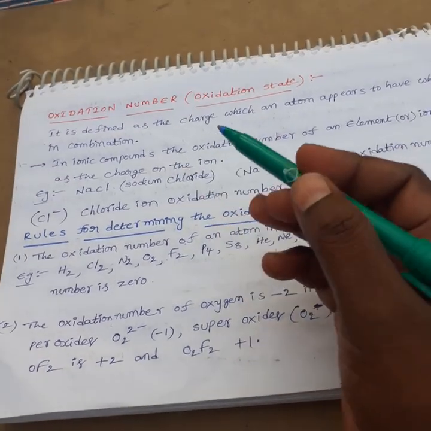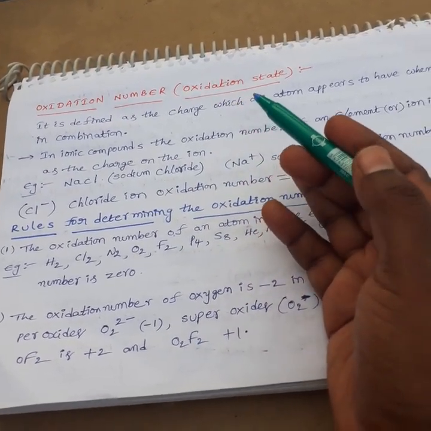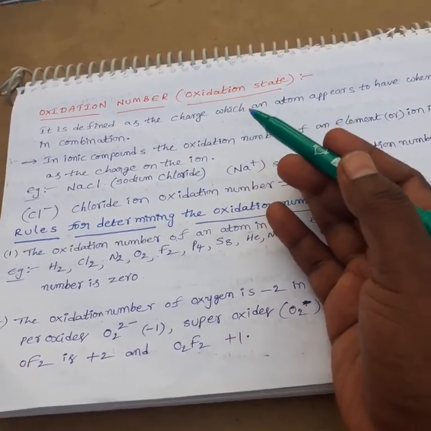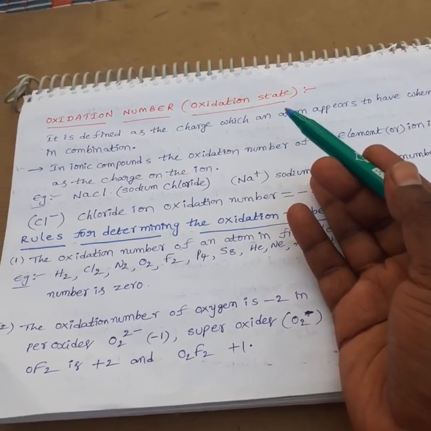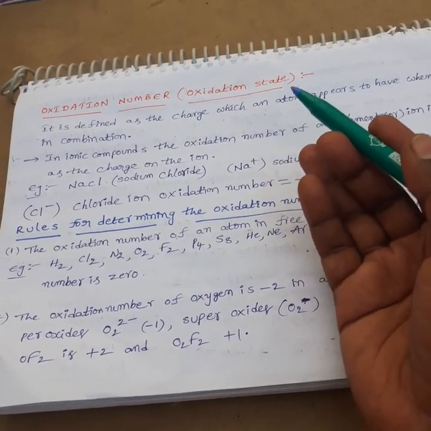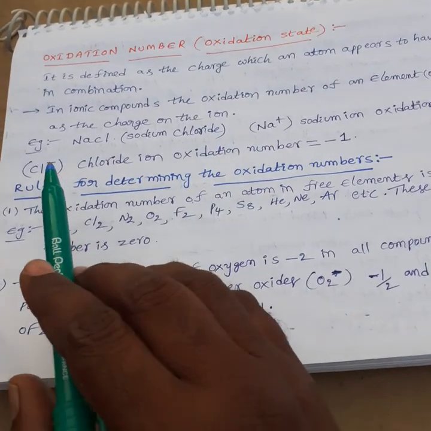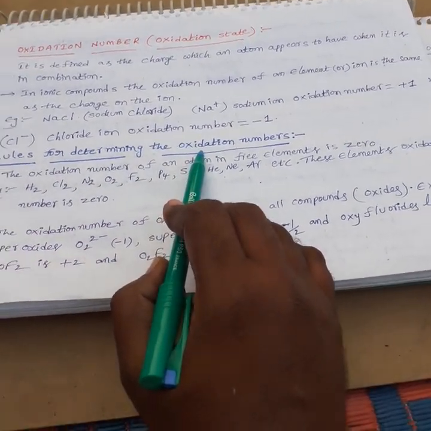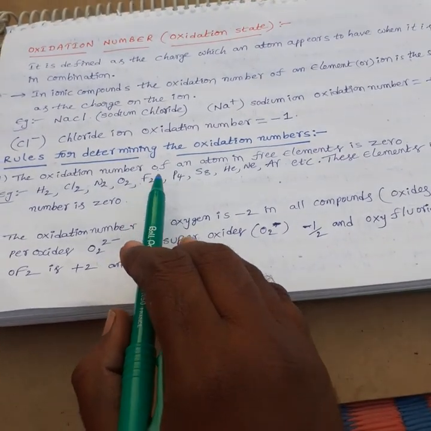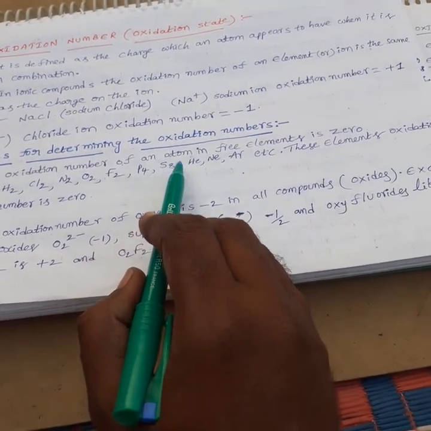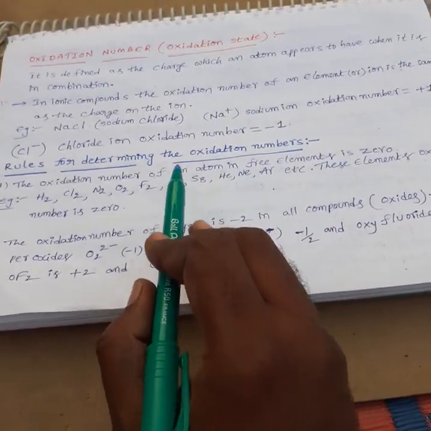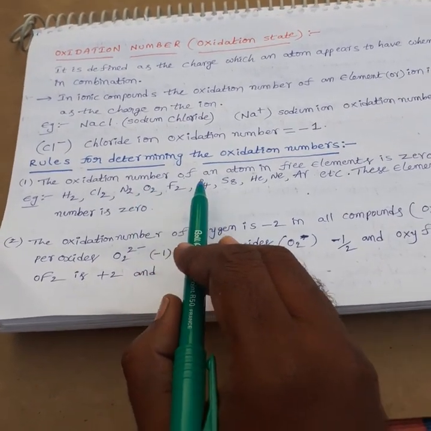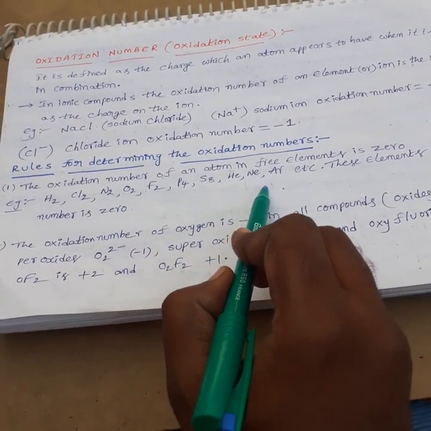We can use this for finding the oxidation state or oxidation number of any element in any compound. We can follow some rules for determining the oxidation numbers. The first one is: the oxidation number of an atom in a free element is 0.